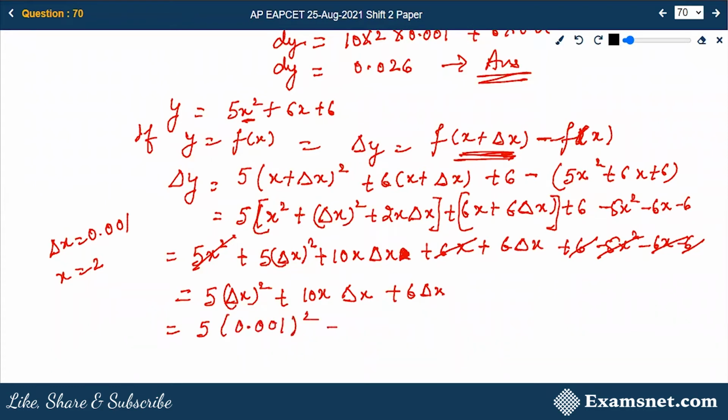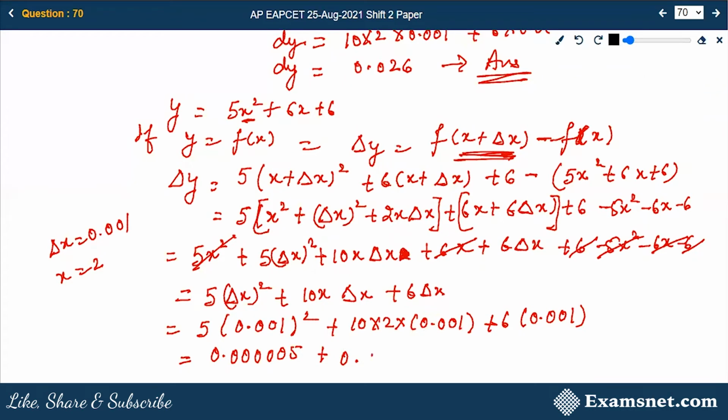5 into 0.001 square plus 10 into 2 into 0.001 plus 6 into 0.001. So this will be 0.000005 plus 10 into 2 into 0.001, so this will be 0.020 plus this.